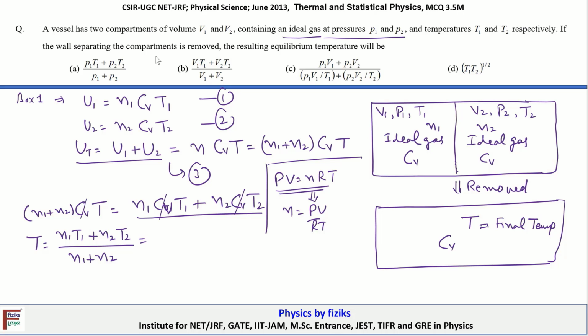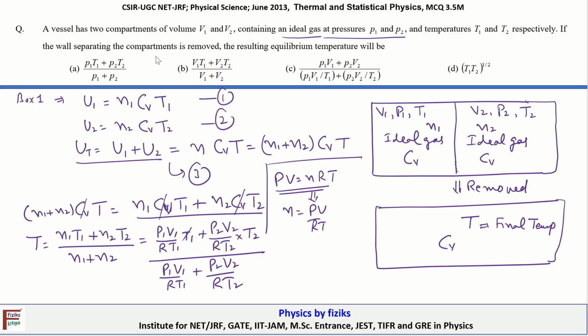By doing that, N1 I'm going to replace with P1 V1 upon R T1 multiplied by T1, plus P2 V2 upon R T2 multiplied by T2, divided by the denominator, which is again P1 V1 upon R T1 plus P2 V2 upon R T2.